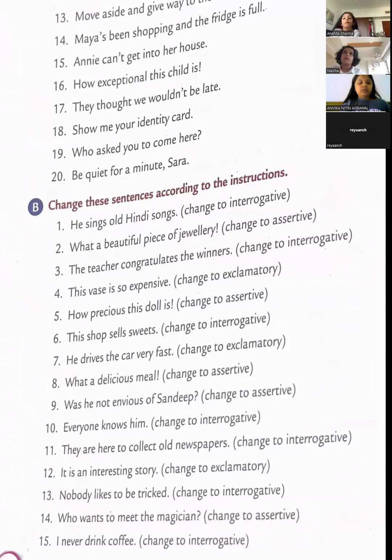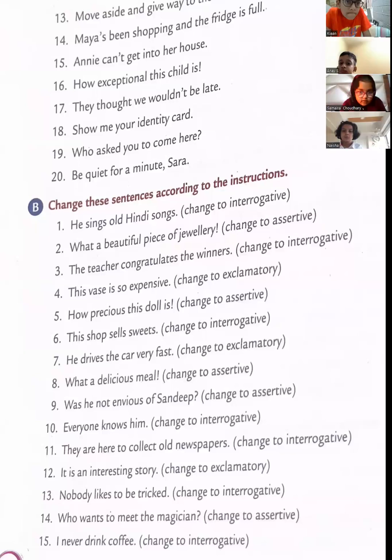Come on, Anahita. Which sentence is this? Can I say? It's easy. No, Anvika, it's little challenging for the younger ones. Let them answer. Samaira, would you like to correct? Will the jewelry?